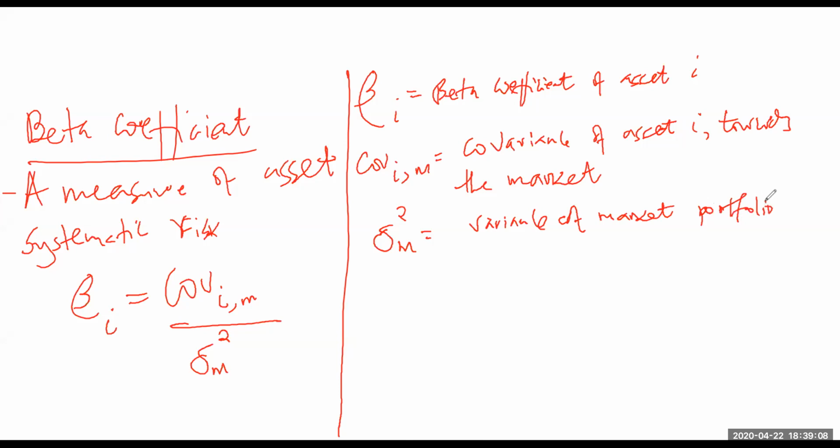And that's how you measure the beta coefficient of asset I. There's a covariance of the particular security towards the market, and we divide by the variance of the entire market. That's how you measure the beta coefficient as a measure of systematic risk exposure of that particular security.